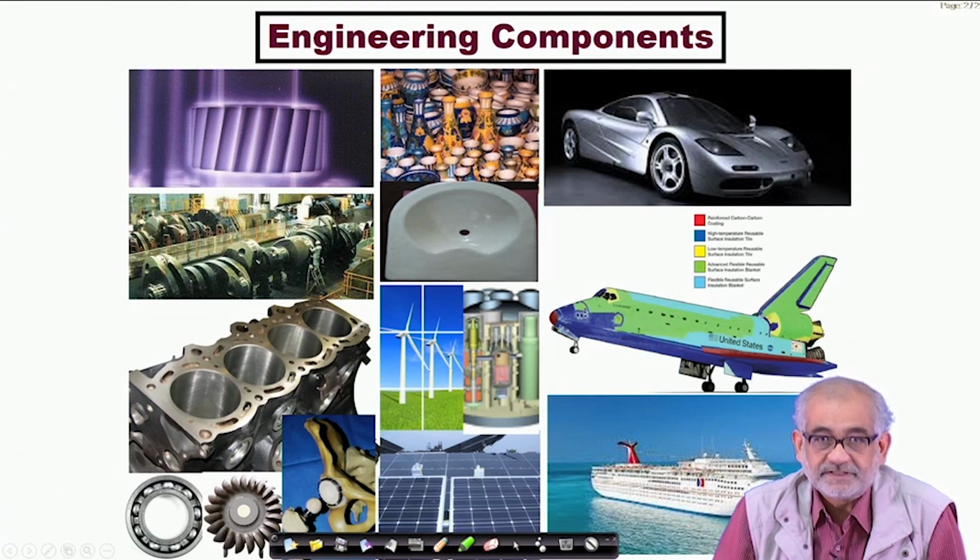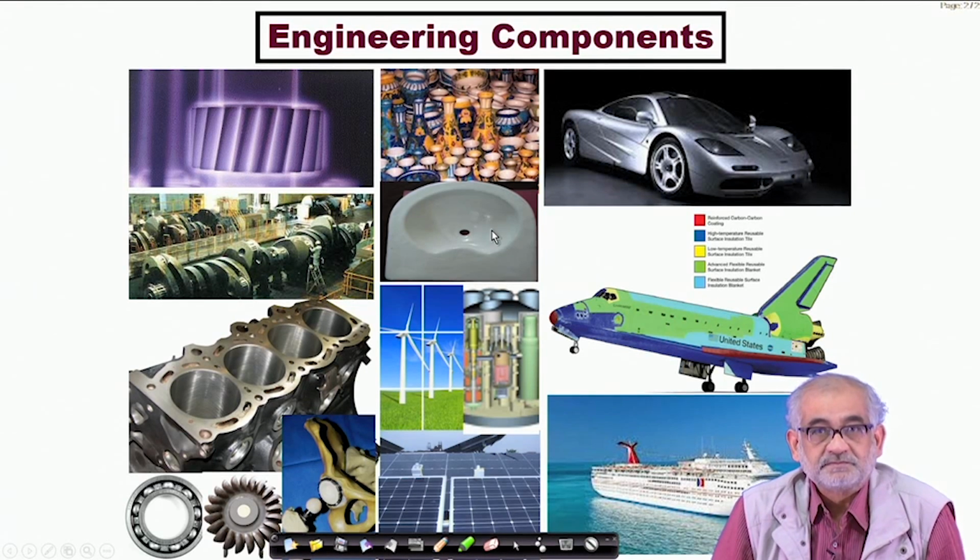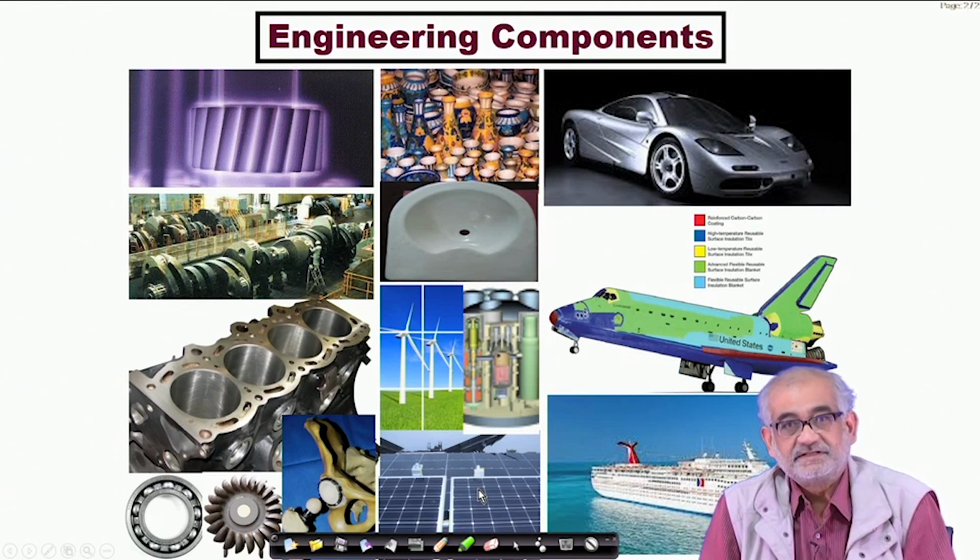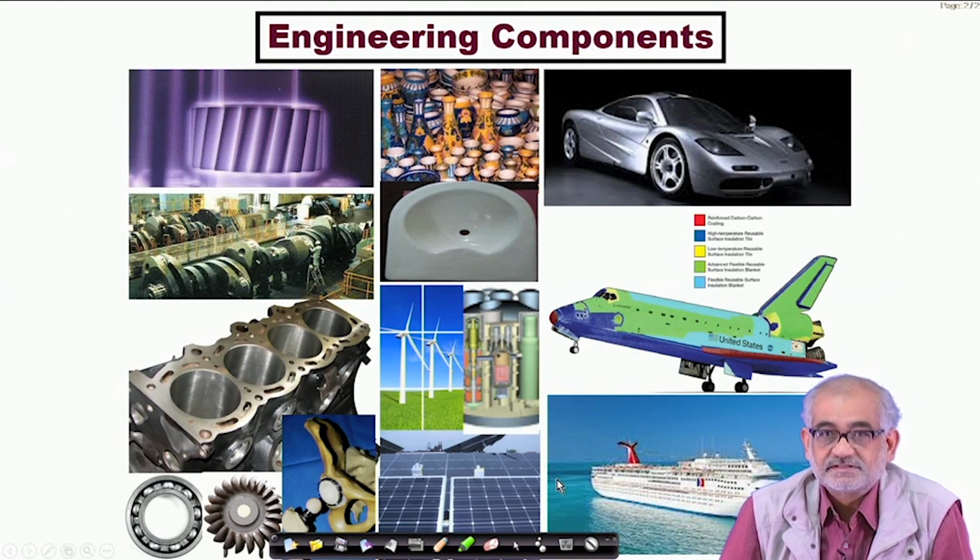Then these are all metallic components. Here we are talking about ceramic components. These are colored ceramics, glazed tiles, then polymeric materials, semiconducting materials, solar harvesting panels.